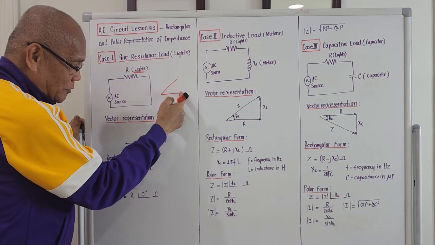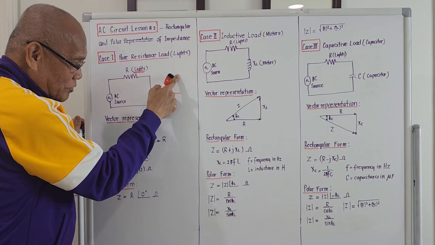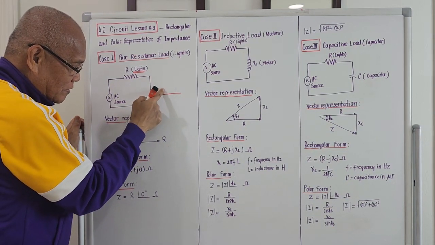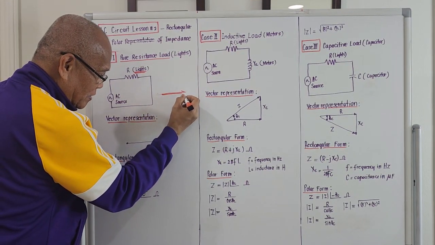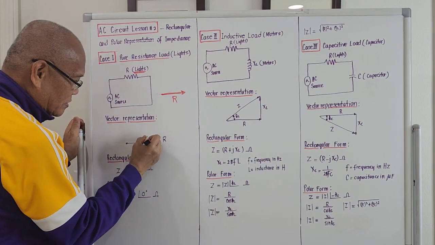So if the vertical part is 0, of course the hypotenuse will be 0, right? What will remain is simply this side here, and that is actually R.